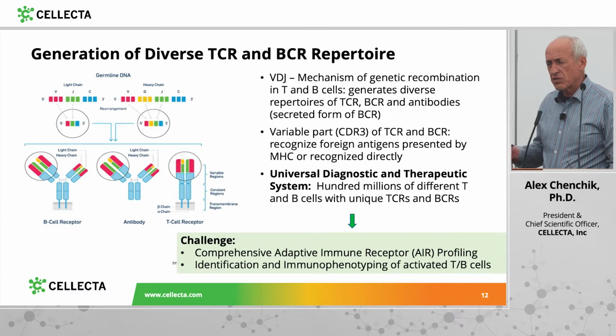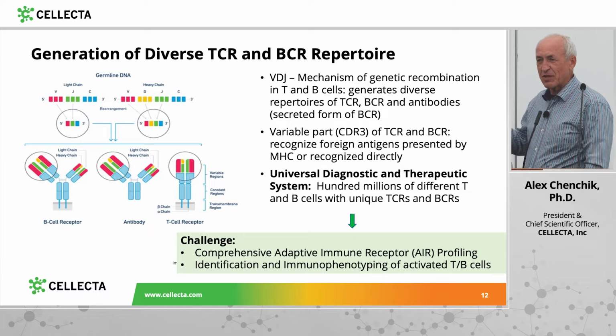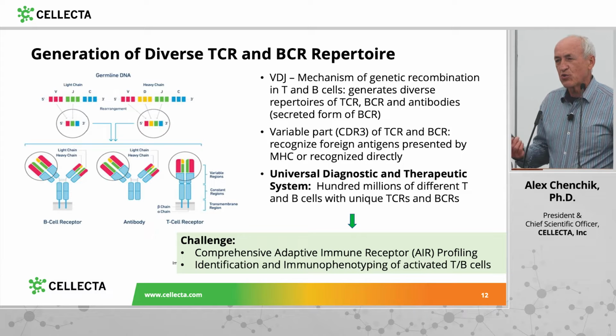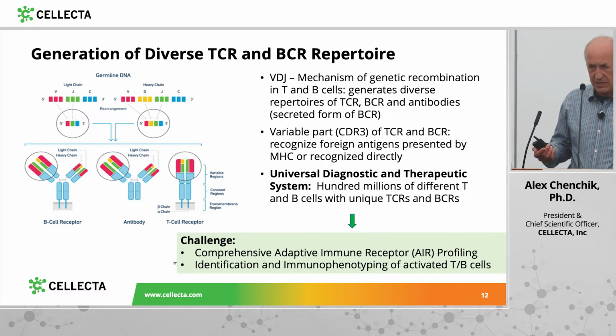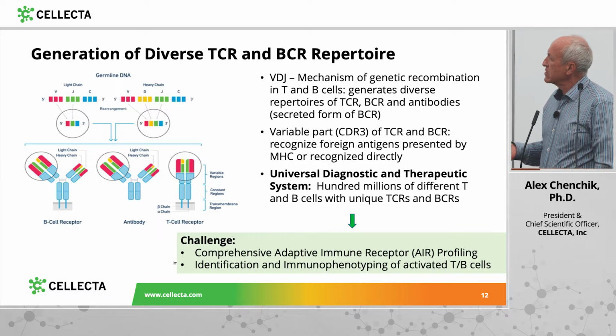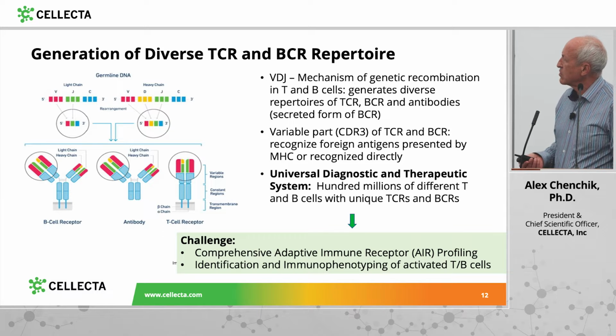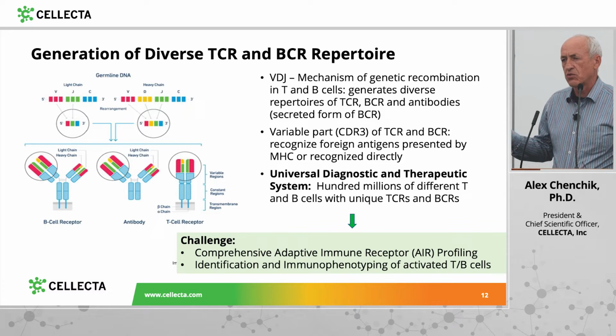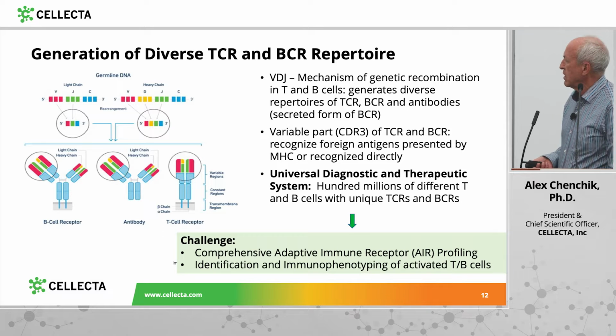In order to give you an introduction about what TCR and BCR mean, I would like to remind you that it's the most complex genetic system created by nature, and it generates this huge assortment of T cell and B cell receptors in the course of genetic recombination in the immune cells. And the complexity of this system is enormous.